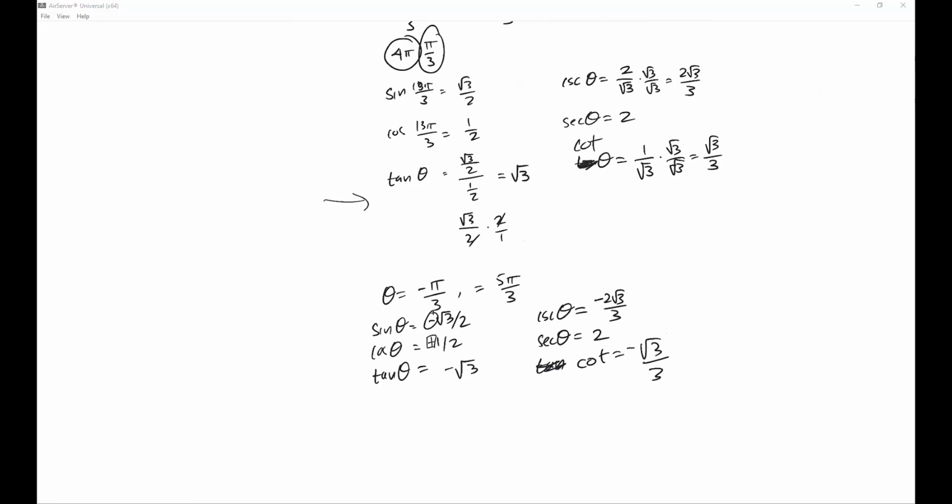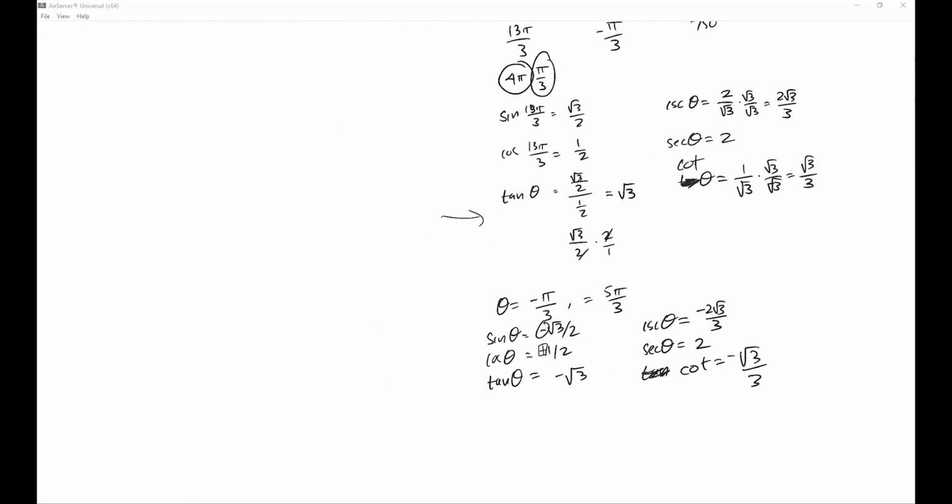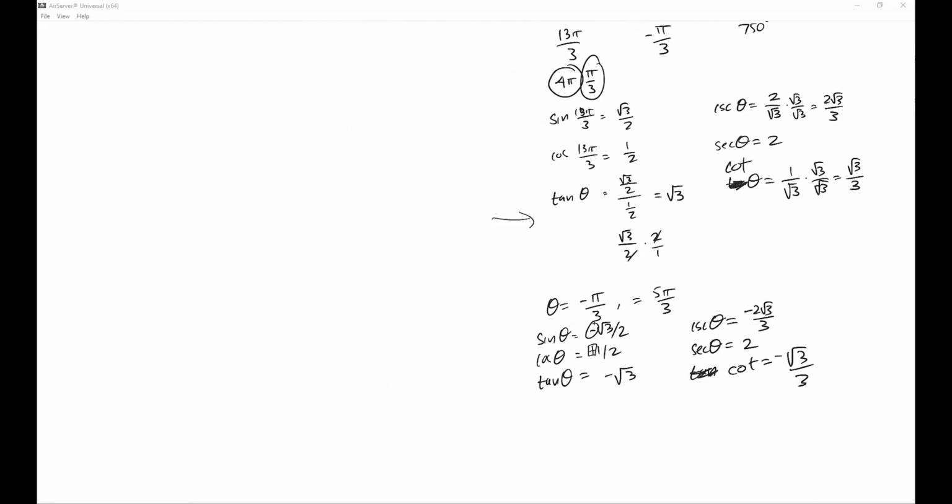And then 750 is the same thing as pi over 6, right? 2 times around the circle is 720 degrees, so 750 minus 720 would be 30 degrees. So 30 degrees is where we're at. The sine of theta is equal to 1/2.